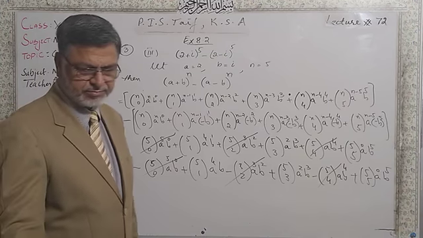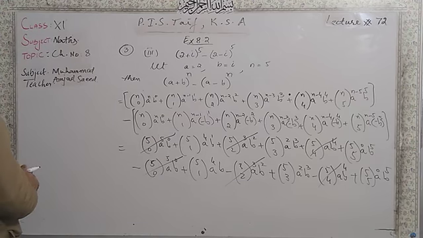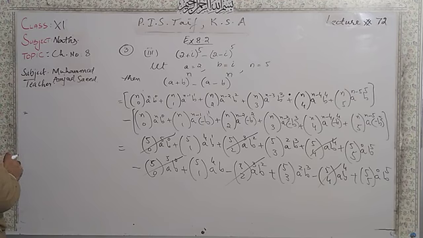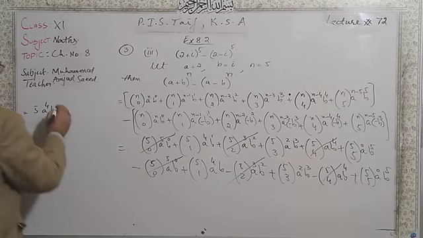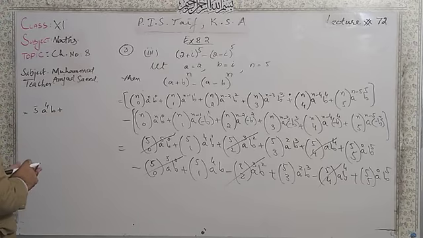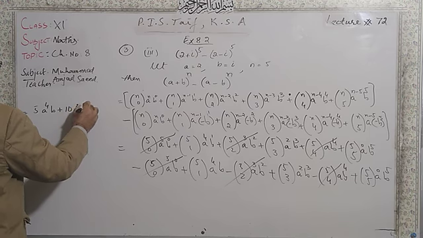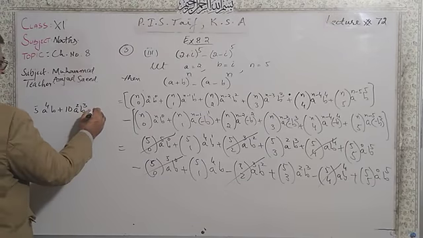We are left with 5C1 a^4 b, plus 5C3, that will be 10 a square b cube, then 5C5 is 1 and a power 0, that will be b^5.